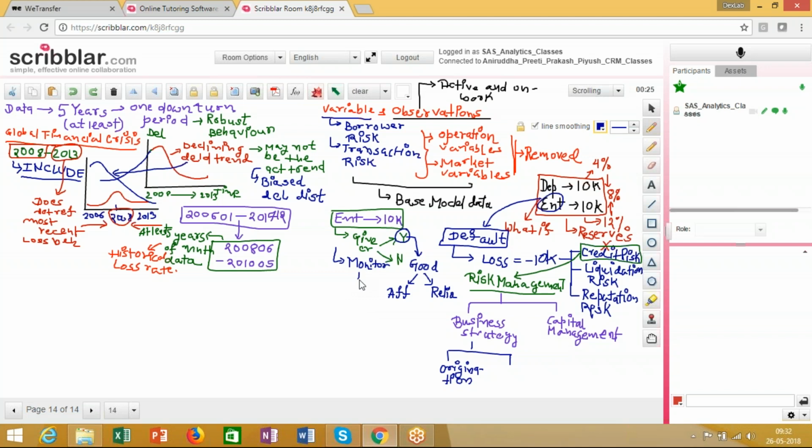So in the monitoring exercise, the objective is to assess whether a particular borrower is a delinquent or non-delinquent borrower.